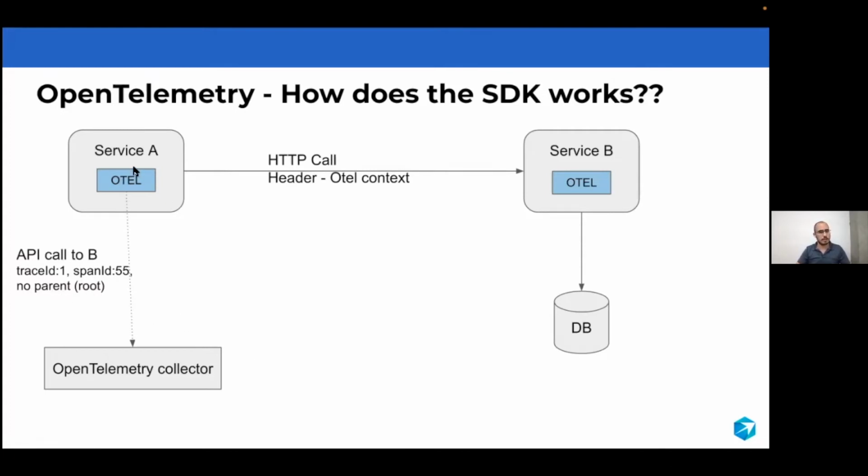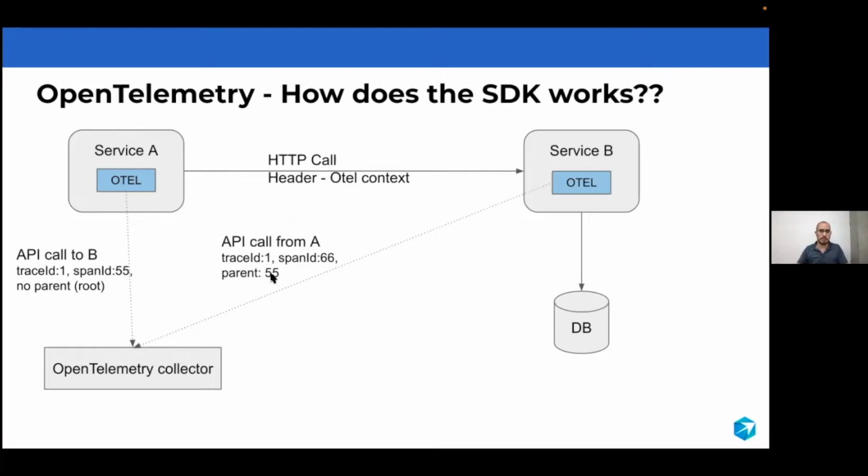When service A sends an API call to service B, it's going to inject two important things in the context. The first is the trace ID, so we would all be under the same trace ID. And the second is the span ID. That means that when service B reports, hey, I got an API call from service A, it's going to use the same trace ID, trace ID 1, a new span ID 66, but the parent would be 55.